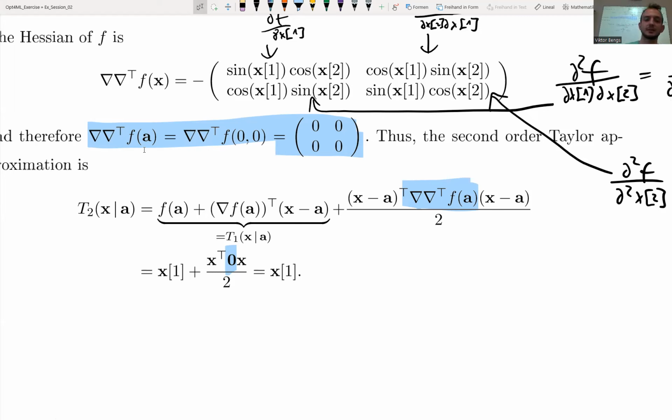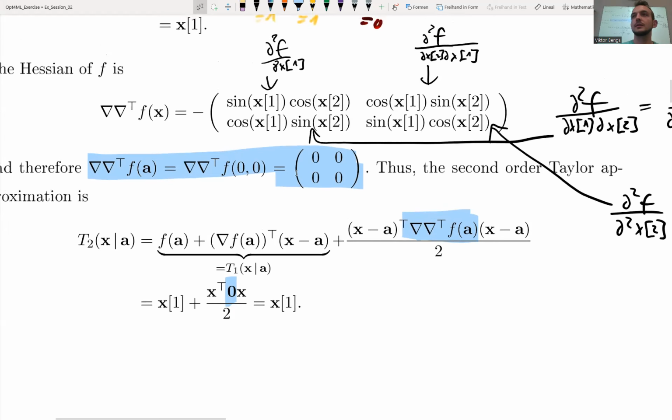Yeah, exactly. It might even have a smaller period than 2 pi. Yeah, sure, because we're mixing sine. Yeah, exactly. So you can have multiple ways to come up with the 0 matrix, in fact.